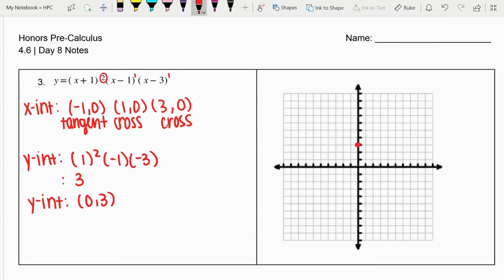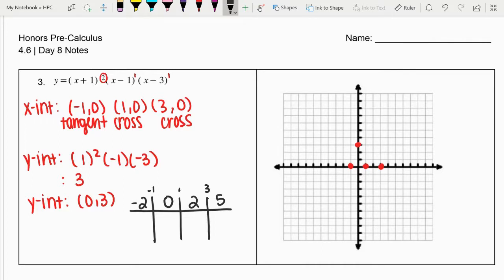So I'm at (0, 3), then (negative 1, 0), (positive 1, 0), and (positive 3, 0). Okay, our next step is going to be to test some points. So we have negative 1, positive 1, positive 3. So I'm going to test negative 2, 0, 2, and 5.